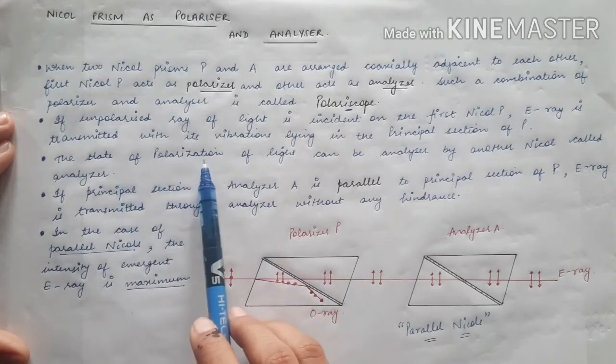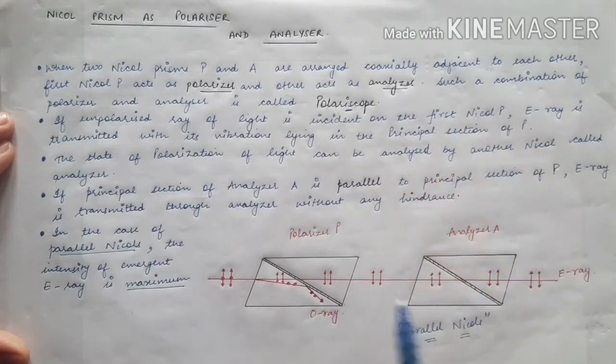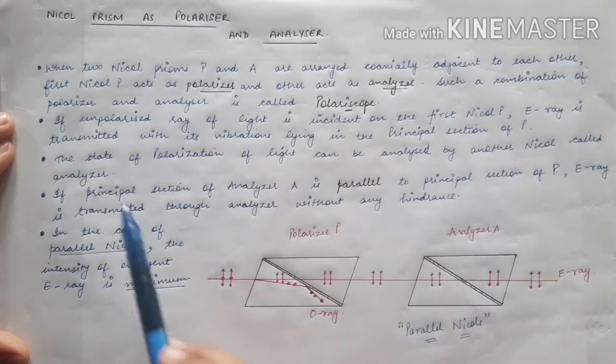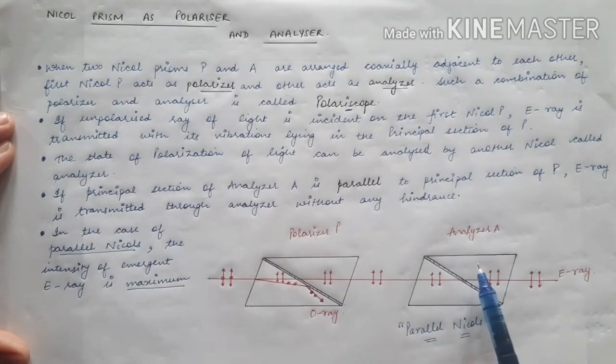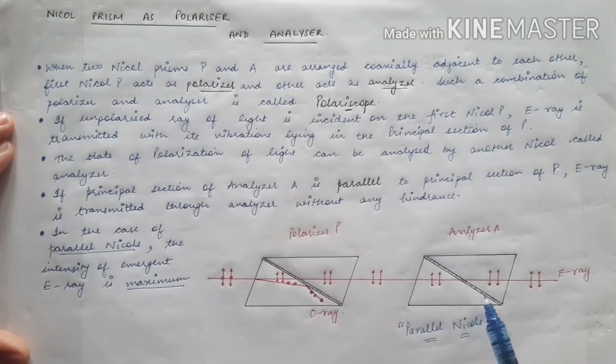Now the state of polarization of the light can be analyzed by another Nicol, which is called the analyzer. This second Nicol prism, kept after the first, will act as analyzer, and we will see how it analyzes the state of polarization of light.